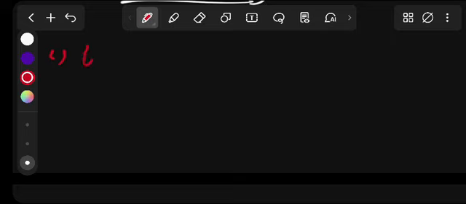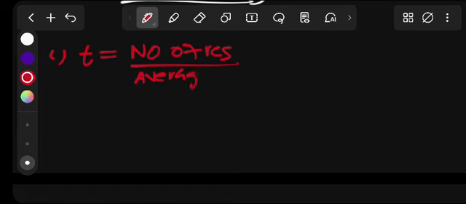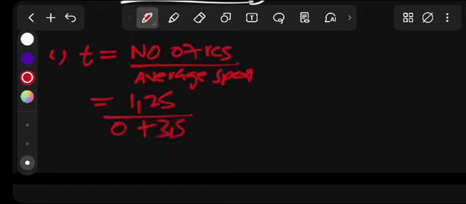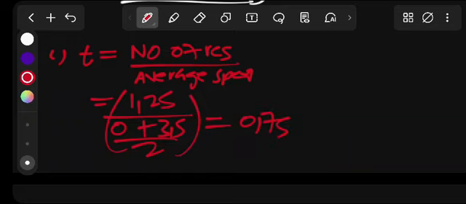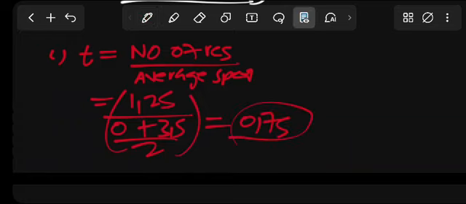So guys, time, we know, is given by the number of revs divided by the average speed. So we have the number of revs as 1.25, divided by the average, which is initial 0 plus final, divided by 2. So this will be equal to 0.7 seconds. So this is what we have.